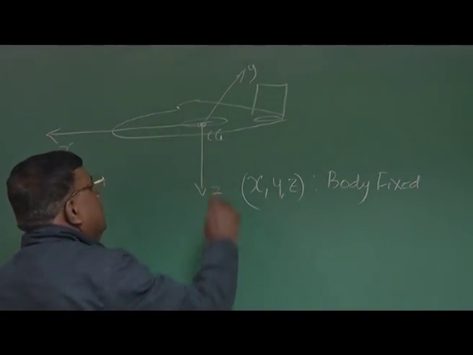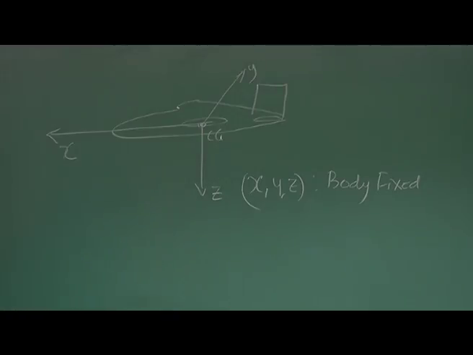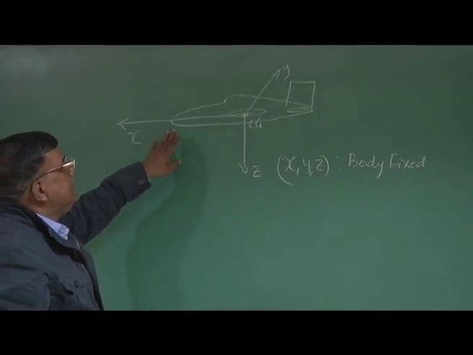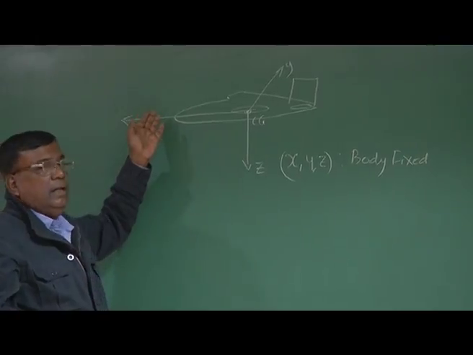This point is at the center of gravity. Now it depends on the purpose how I align this axis. There are many ways you can align this axis for many exclusive purposes. But here, to start in a simplistic manner, we are aligning this x-axis, let's say, on the fuselage reference line.